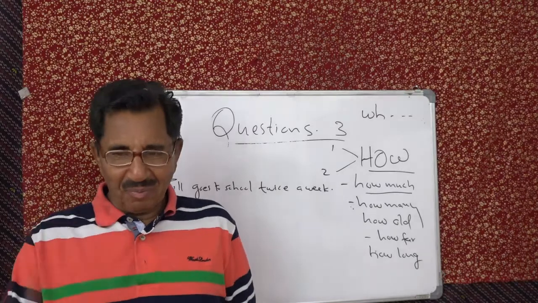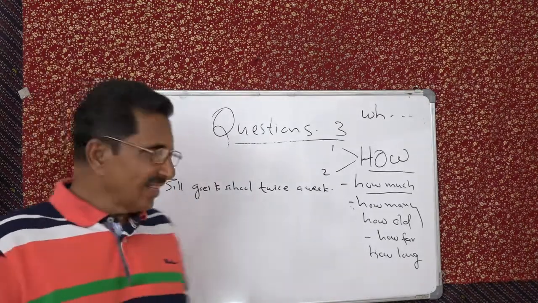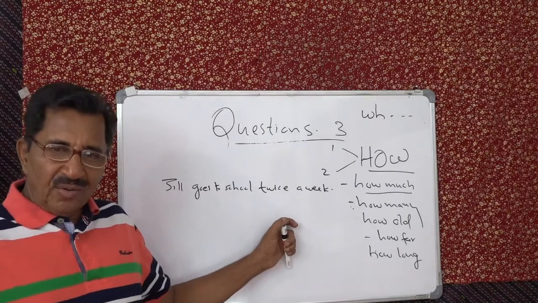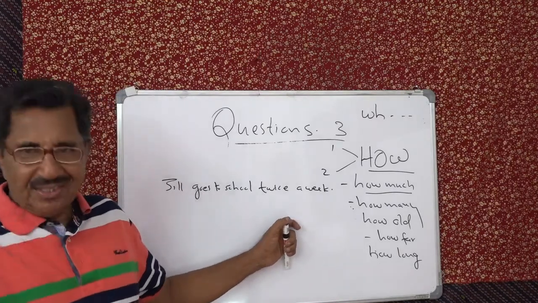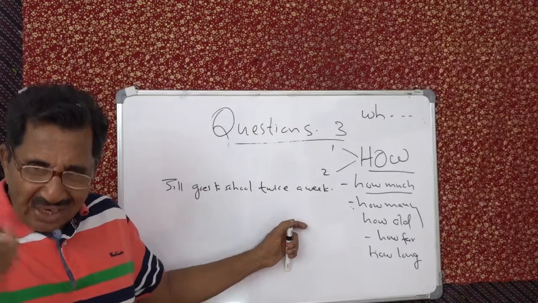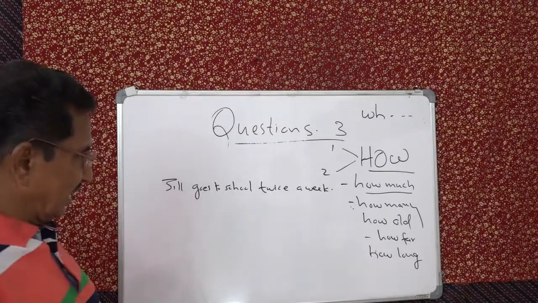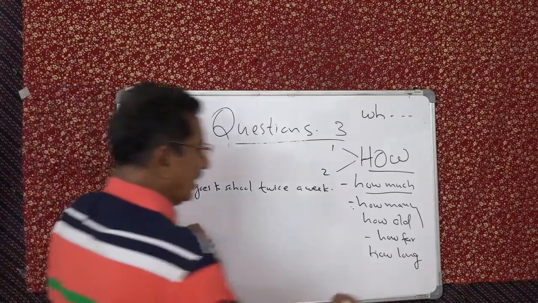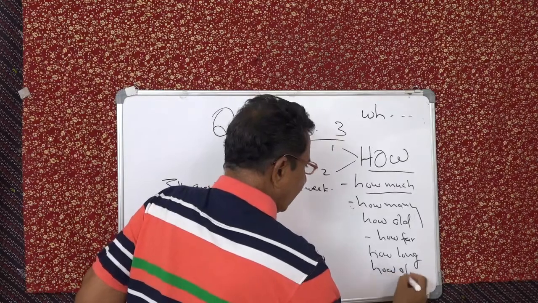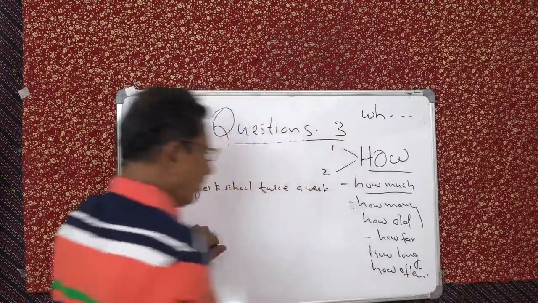Otherwise there will be a lot of problems in the class. So Jill goes to school twice a week. Now you want to know how many times, that is the frequency, so to say. What is the question? How often? How often, frequency?